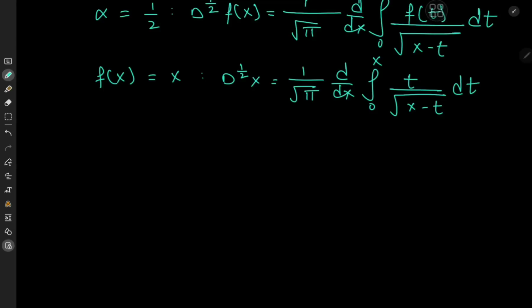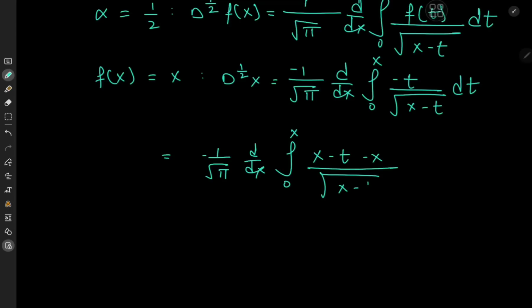Now, the resulting integral is a pretty simple one. All we need is a negative sign here and here, so that we have negative 1 by root pi times the derivative with respect to x, integral 0 to x of, now let me add a 0 there. And the special kind of 0 I need is x minus x. We're dividing by root of (x minus t) dt.